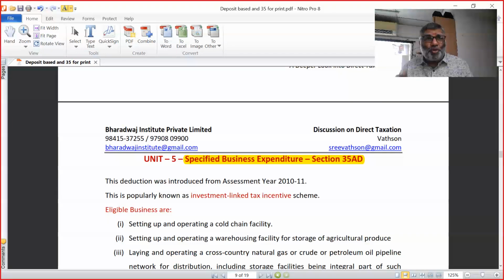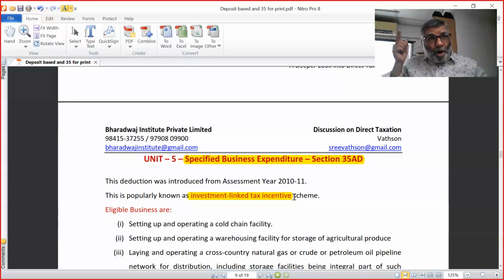Our intention is to make them invest. So from a profit-oriented deduction, we went on to what is popularly known as investment-linked incentive. I am no more looking into what profit he is earning. I'm only looking into what I want them to come and invest. You invest, take the investment as the deduction, the capital expenditure.